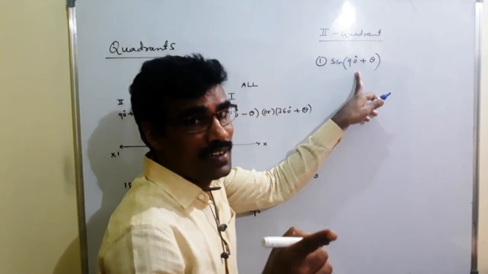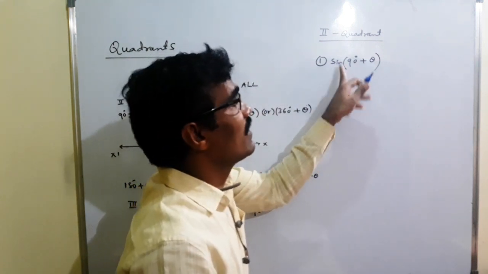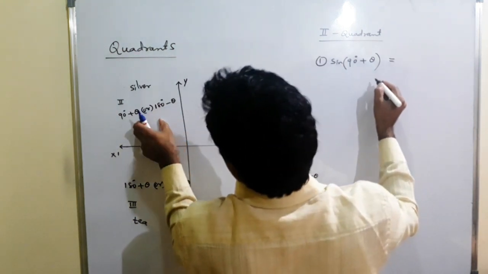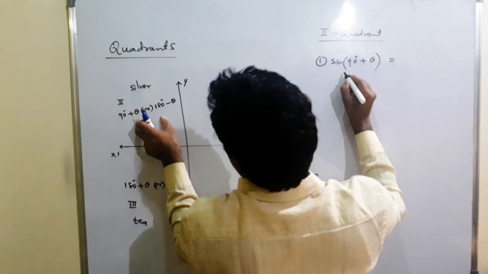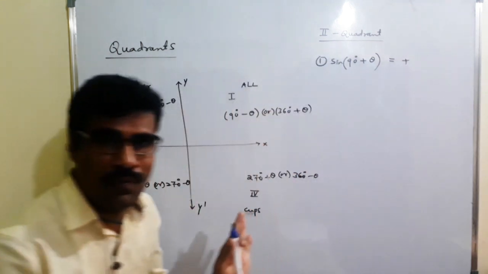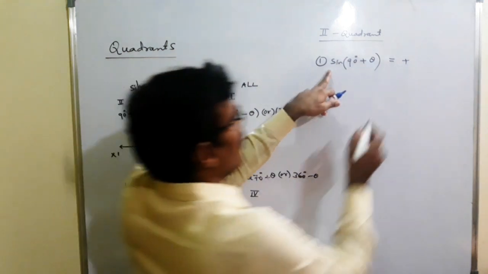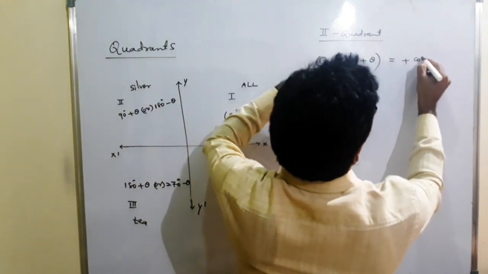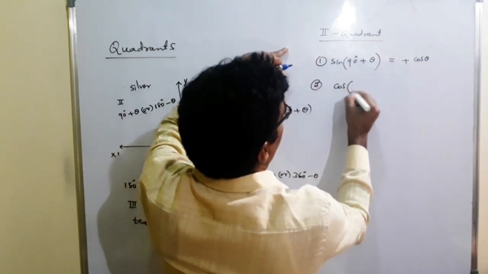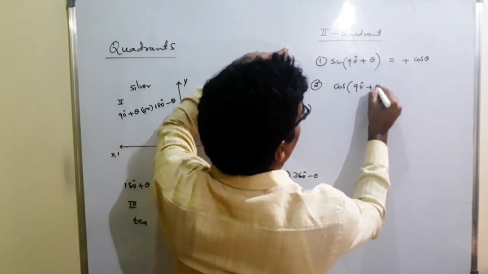With 90 or 270, sine becomes cos. Which quadrant? Second quadrant. In the second quadrant, sine is positive or negative? Positive. So first write positive, then cos theta.